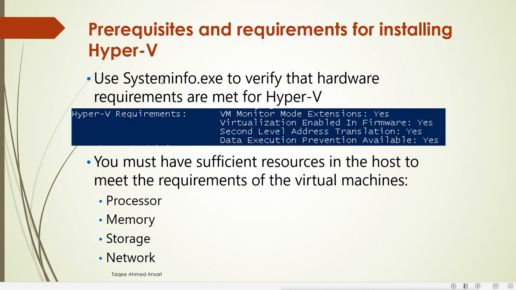First, in the command prompt we can type the systeminfo command to verify whether the hardware requirements are met for Hyper-V or not. It will show whether the Hyper-V requirements are there: VM monitor mode extension, virtualization enabled in firmware, second level address translation, and data execution prevention available or not.